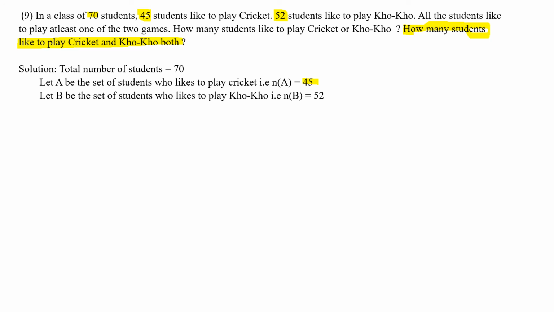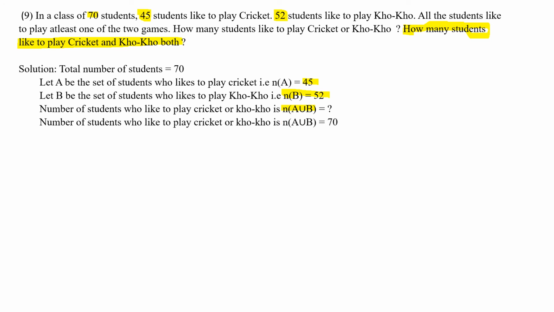Now what was the first question? How many students like to play cricket or kho? So the number of students who like to play cricket or kho means n of A union B, which we have to find. But in the question it is given that all the students like to play at least one of the two games.